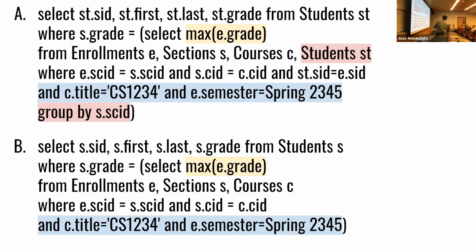It looks like I followed the naming convention correctly: the foreign key of the enrollment is equal to the primary key of the section, so that's okay. Then the foreign key of the course in the section table is equal to the primary key of the course ID, so that looks right. And finally, the foreign key of the enrollment is equal to the student's primary key, so that looks right too.